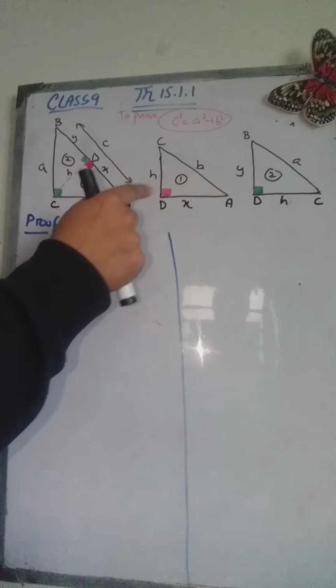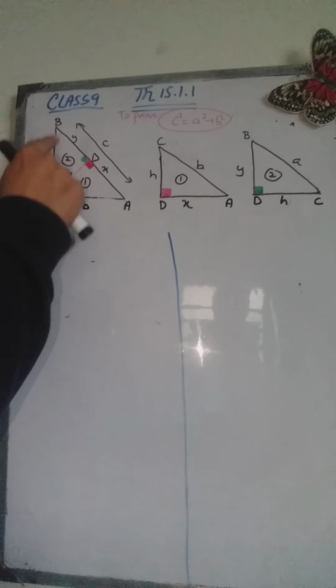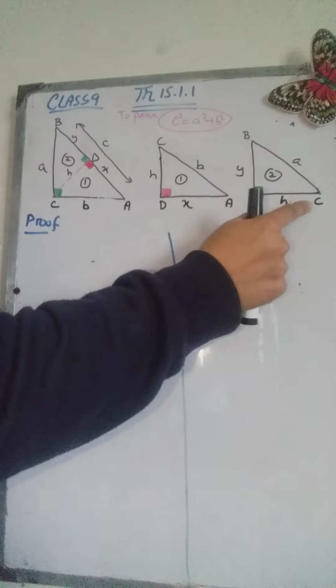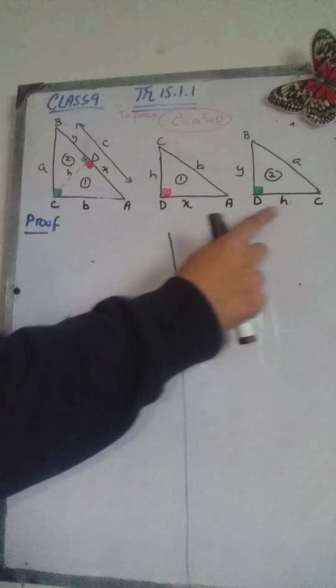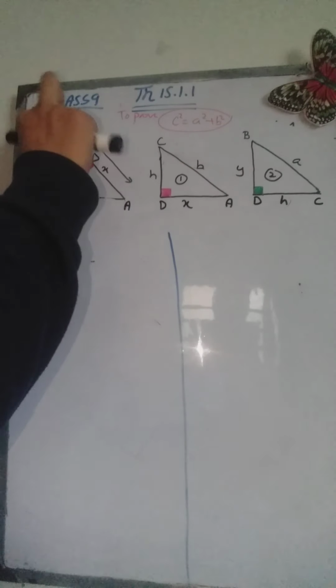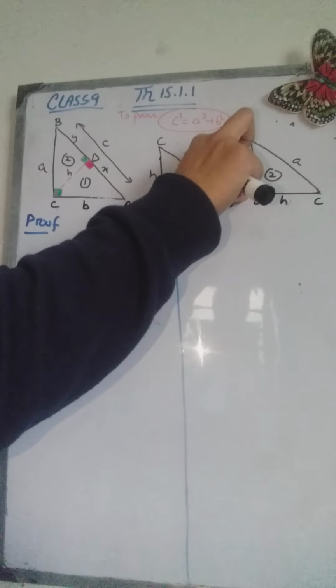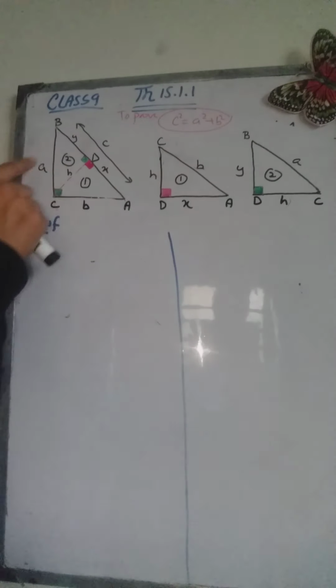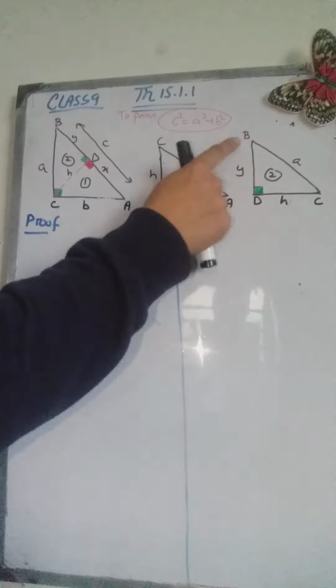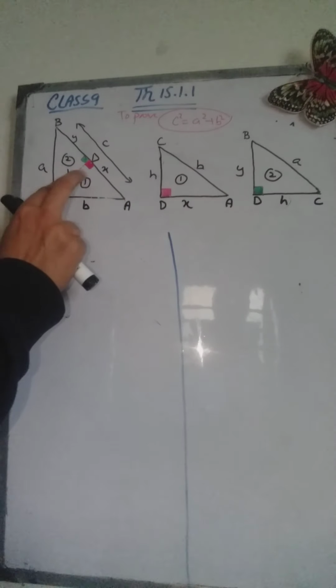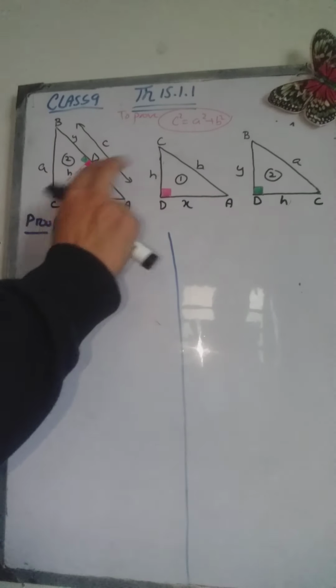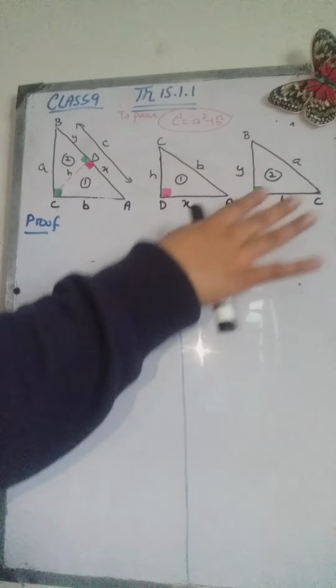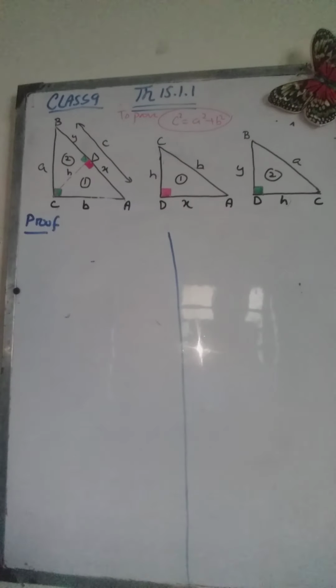CD is H. Similarly, take this triangle and draw it over here, taking CD as H. It has the side BD equal to Y, and BC is A, so I have taken BC here also A. I have taken this triangle from this figure and drawn it separately in this space, because we are going to use theorem 14.1.4, and from there we are going to take the sides of this triangle.